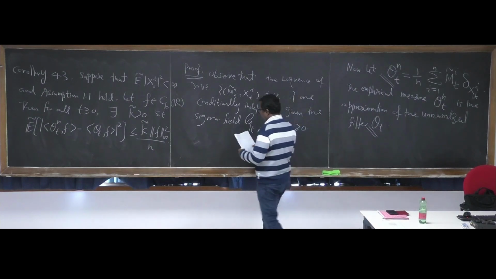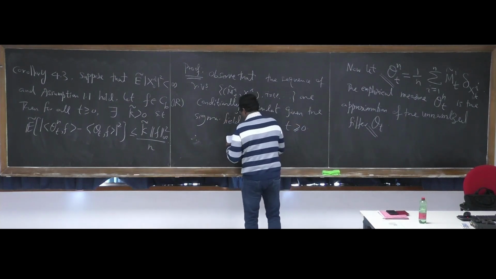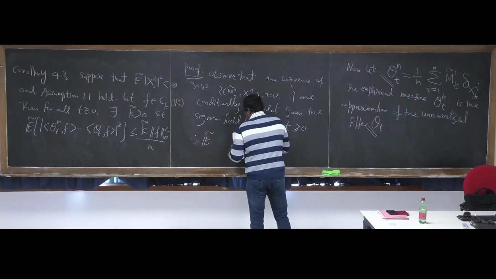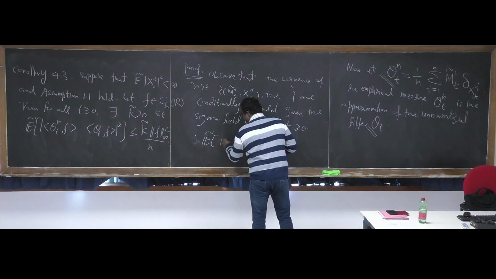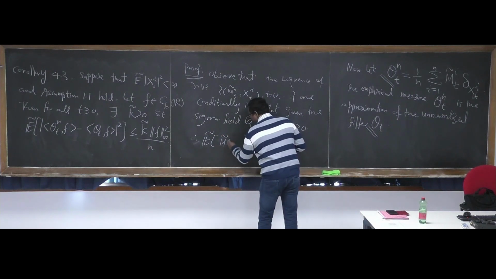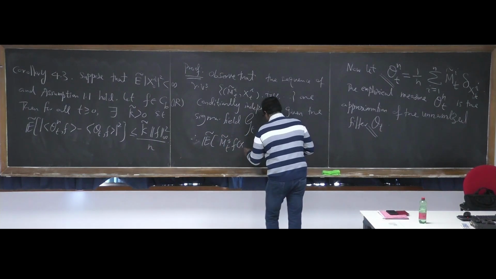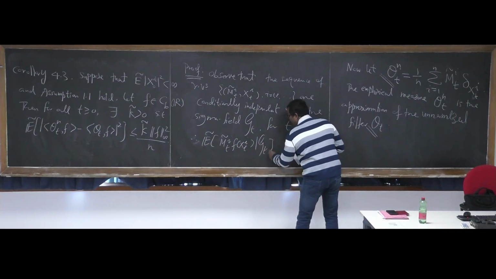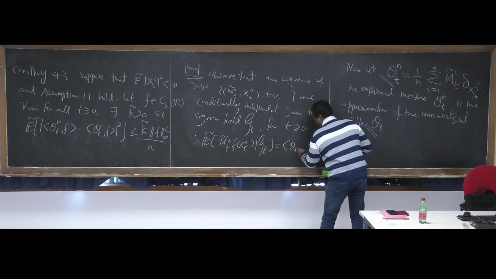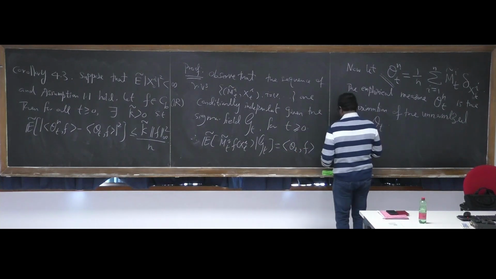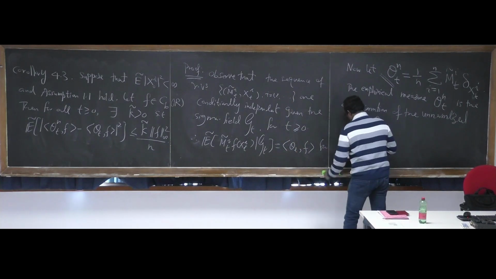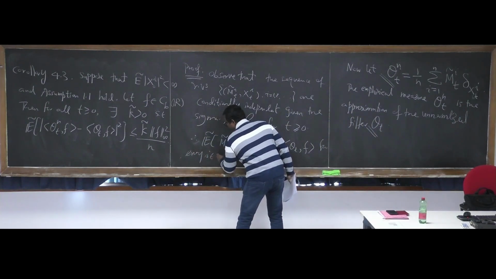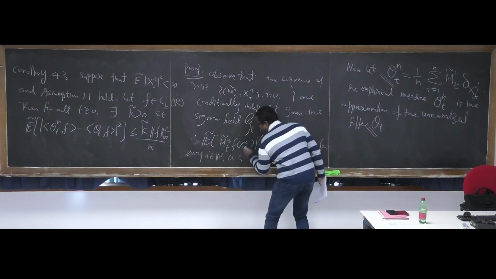Therefore, we have verified that the conditional expectation of m tilde I t f of x I t given G t is this, for every i belonging to n, almost surely.